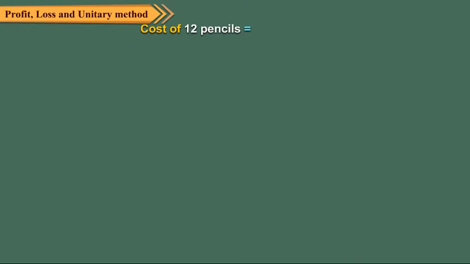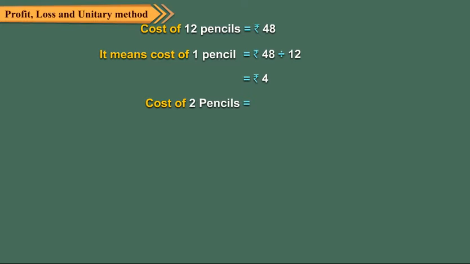So, the cost of 12 pencils is equal to rupees 48. It means the cost of one pencil is equal to rupees 48 divided by 12, that is rupees 4. So, the cost of 2 pencils is equal to rupees 4 into 2, which is equal to rupees 8.